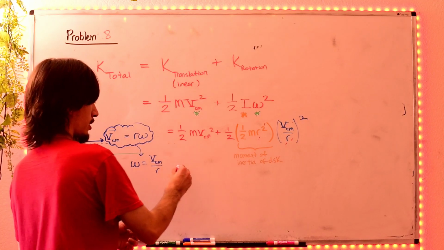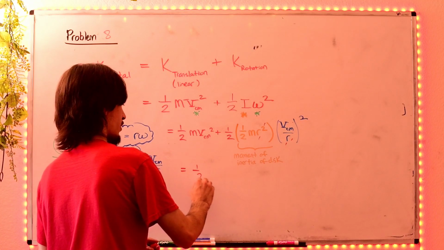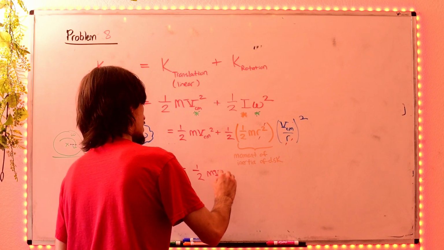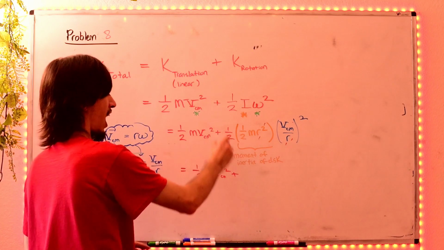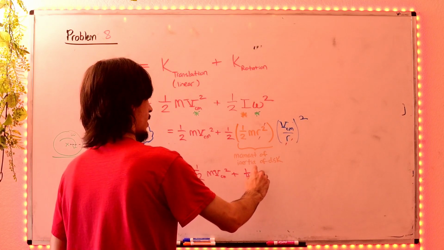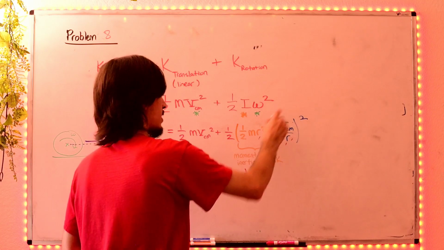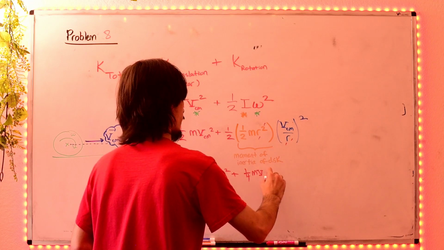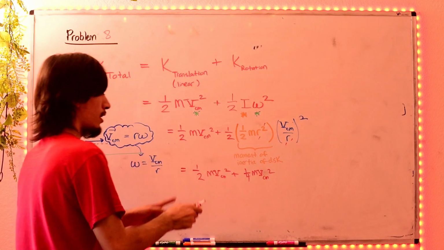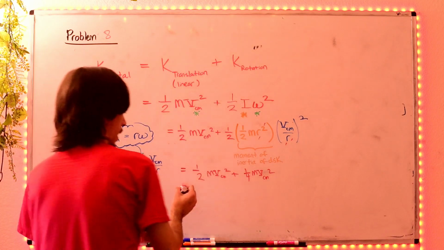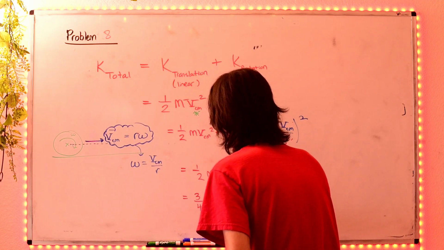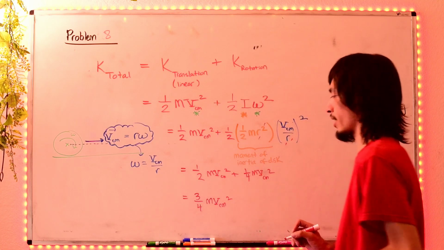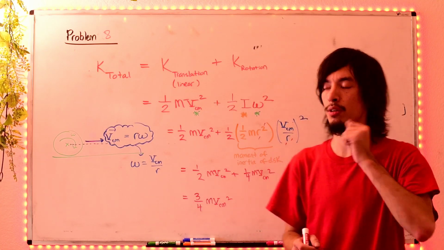That leaves you with the following: 1/2 m v center of mass squared plus the second term, you can collect the 1/2 and it's 1/4 m, and it'll be just v center of mass squared. This is really nice because it just simplifies to 3/4 m v center of mass squared. Because a half plus a fourth is 3/4.